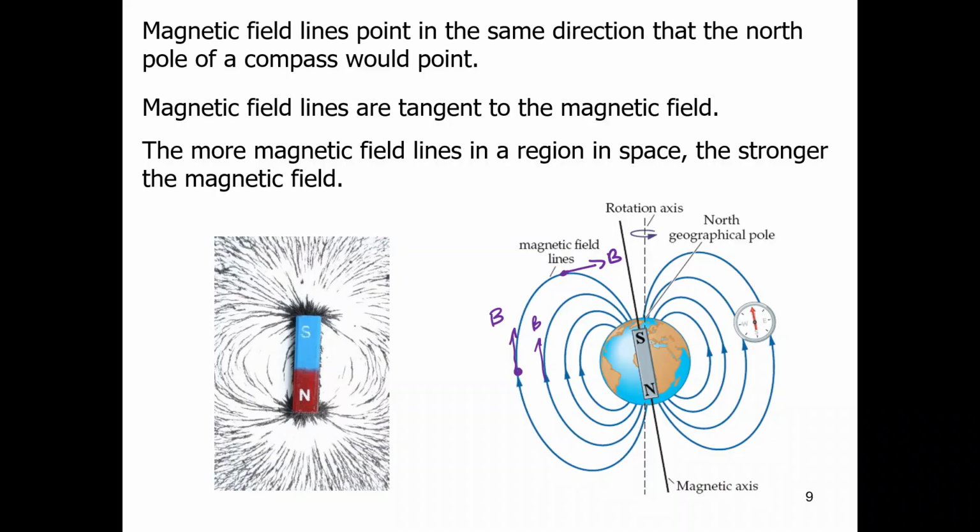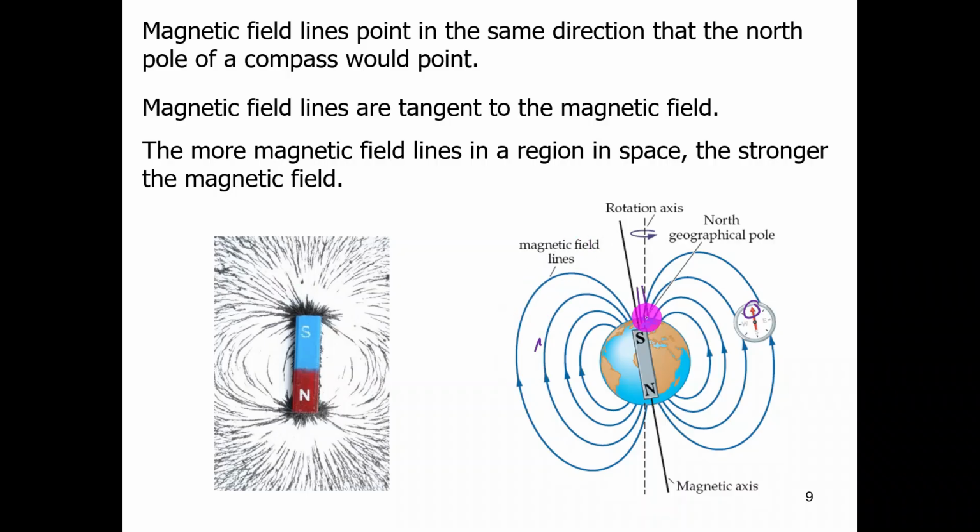Now, this is kind of weird and funny because Earth's magnetic field is similar to that of a bar magnet, but there are some differences here. The north side of our compass is attracted to the south magnetic pole. So the north geographic pole is at the North Pole.